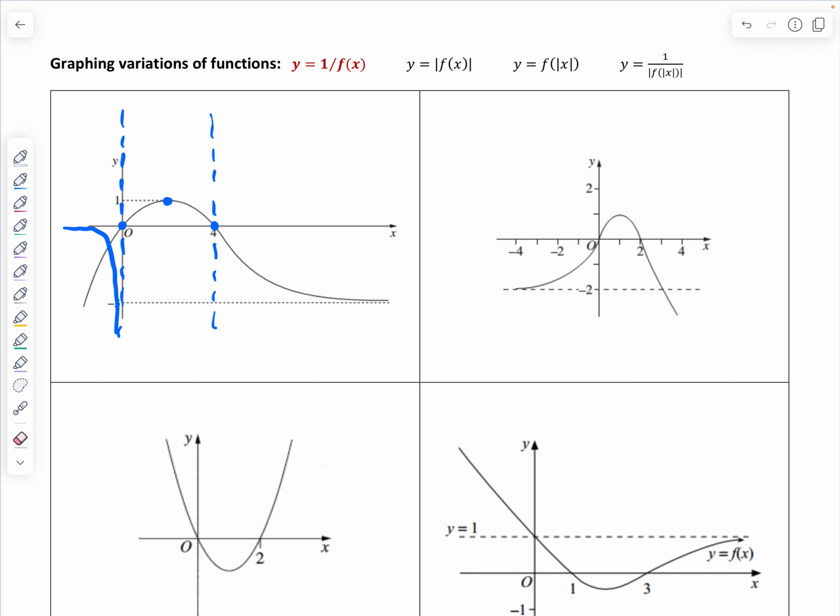And we have these asymptotes, so it's going to look like this, because once again, the reciprocal of small is large. The reciprocal of small is large, right? So it's kind of like that. And there we go. Okay, that could have met that point a bit better, but you get the idea.